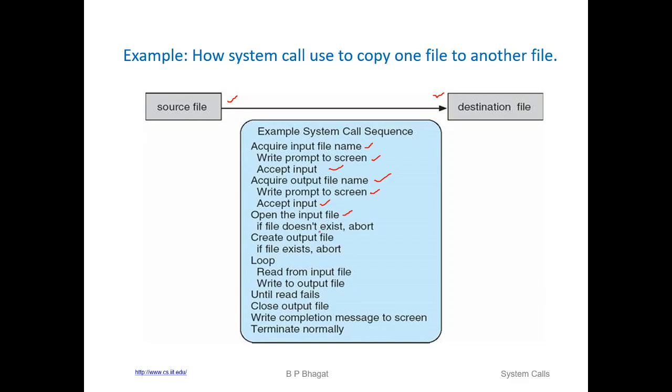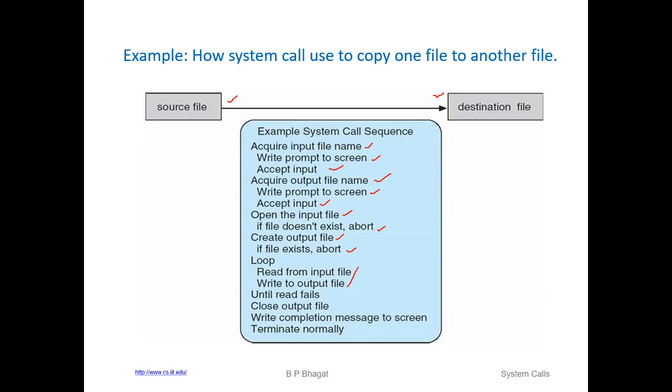Now if the file doesn't exist, then the process will abort. Otherwise, it will create the output file. Again, if the file exists, then the process aborts. Otherwise, it will continue to copy the content from the input file to the output file. So the loop will execute, that is reading the data from the input file and writing the data to the output file.